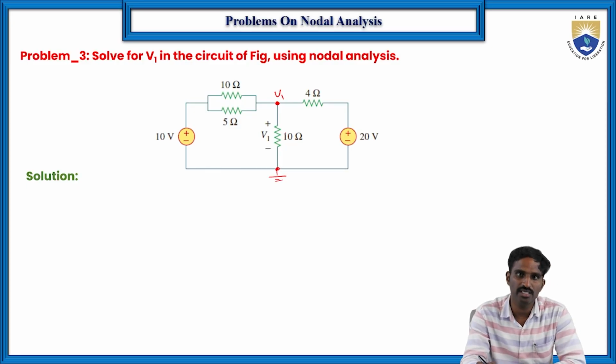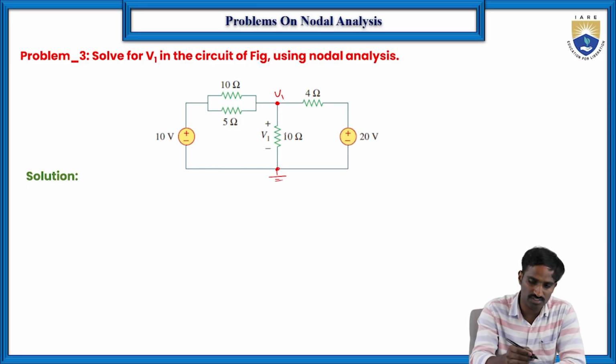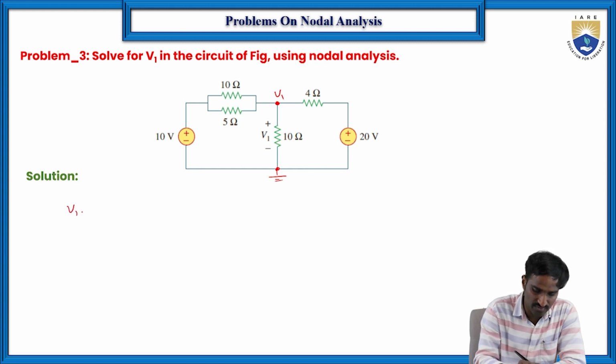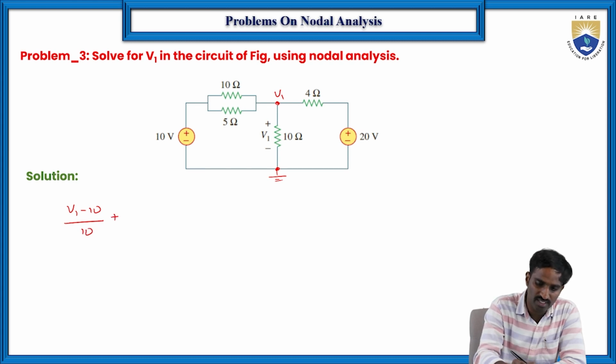Then if you write the equations for this, first of all, V1 minus 10, because here 10 is there. So the first term is (V1 minus 10) by 10 ohms plus (V1 minus 10) by 5, because one current will flow through this way, and another current flows through this way.